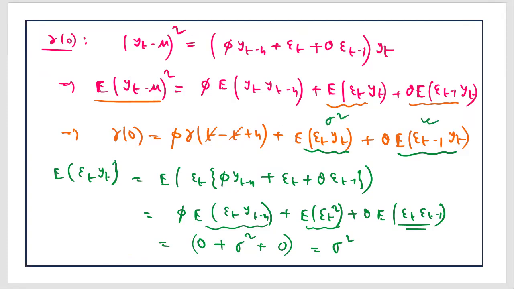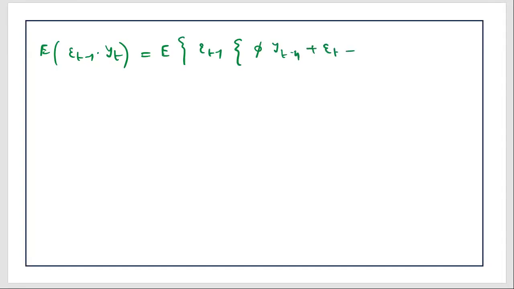Now in a similar fashion, we need to find this term also, expectation of epsilon t minus 1 and you have yt. So expectation of epsilon t minus 1, again instead of yt, substitute the value phi yt minus 4 plus epsilon t plus theta epsilon t minus 1.